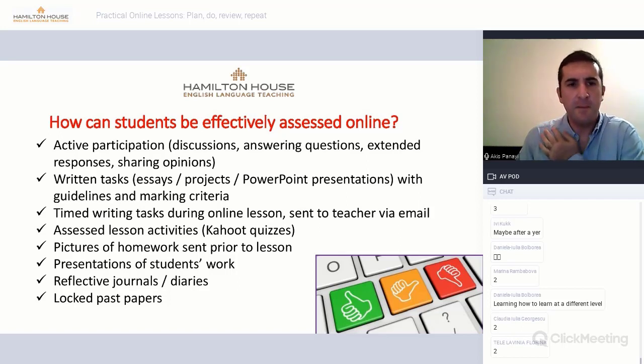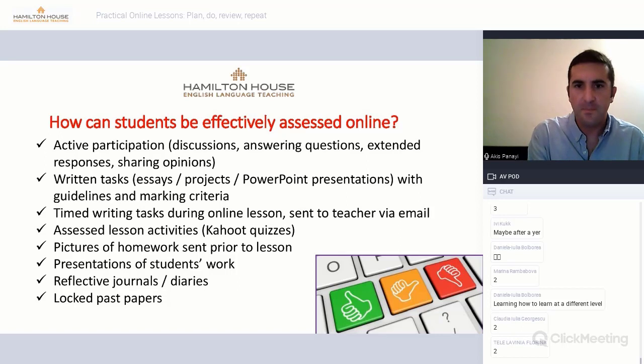There are examination boards that have some of their past papers locked, which means that the students cannot find the answers online. They cannot go on Google and search for the answers because the past papers are locked and only the teacher has access to it. Now, look for those past papers and look for those examination boards that have locked past papers available for the teachers.